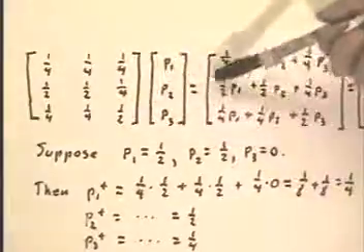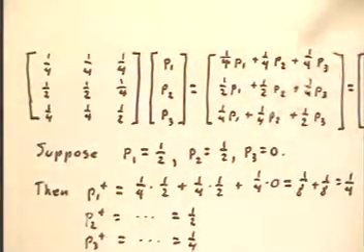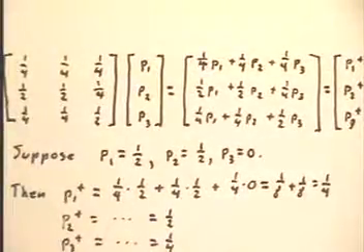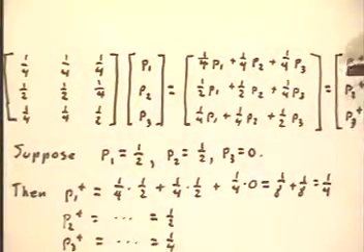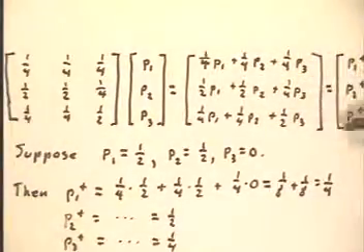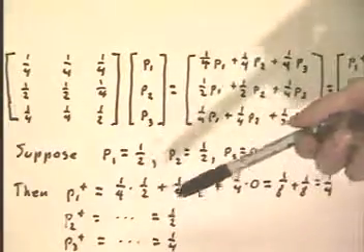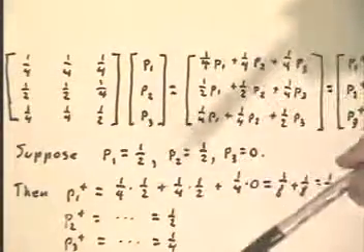When we multiply these out, this is of course what we get, and this is equal to our P1 plus, P2 plus, P3 plus. So P1 plus is equal to this, P2 plus is equal to this, P3 plus is equal to this.